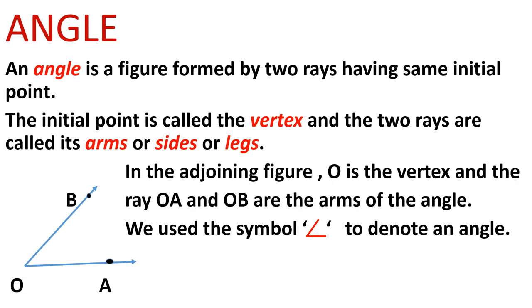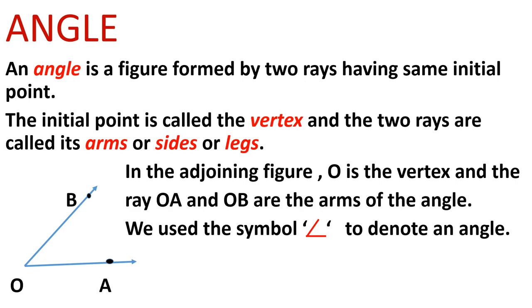In this, O is the vertex because that is the common initial point of two rays. And ray OA and ray OB are the two arms of the angle, or we can say these are the two sides of the angle. OA and OB are the two rays, two arms of the angle, and O is the vertex.